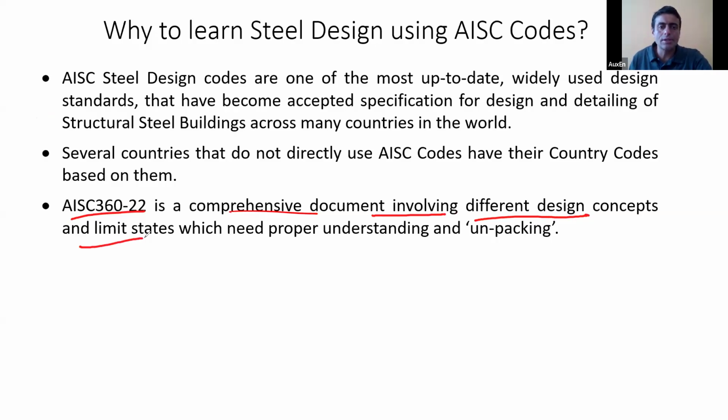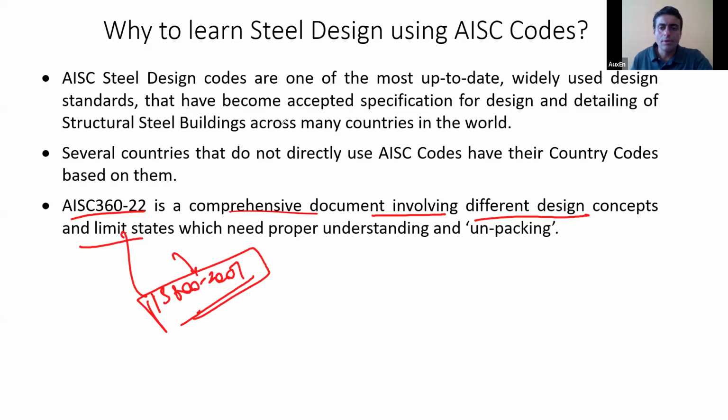For example, you are using IS 800, you are not using AISC, but if you study the AISC 360, you will begin to appreciate what is given in the IS 800 also, and what are the pluses and minuses of IS 800. What are the things that have been addressed in AISC 360 that are missing in IS 800, and what are the few things that are there in IS 800 but not included in AISC.